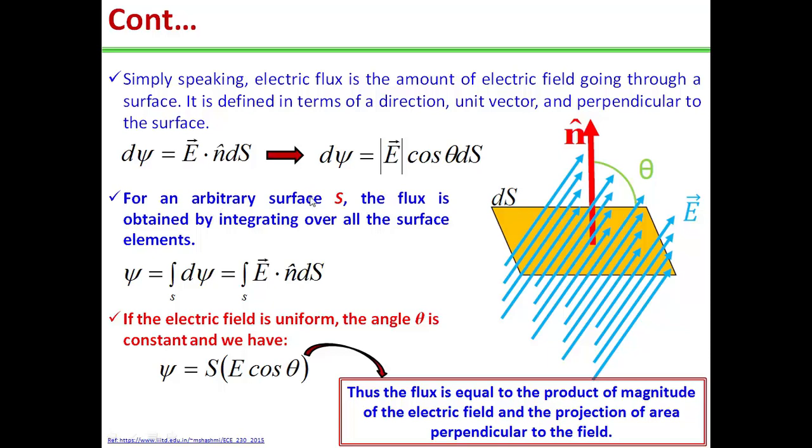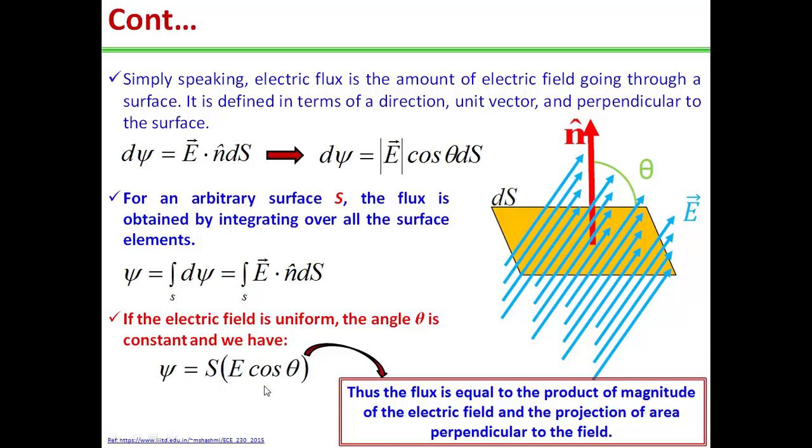For an arbitrary surface S, the flux is obtained by integrating over all the surface elements. So, from the differential flux d psi, we can obtain psi. Psi can be written as the surface integral of d psi, which is equal to the surface integral of E dot n cap ds. If the electric field is uniform and the angle theta is constant, then the flux psi is equal to S E cos theta.